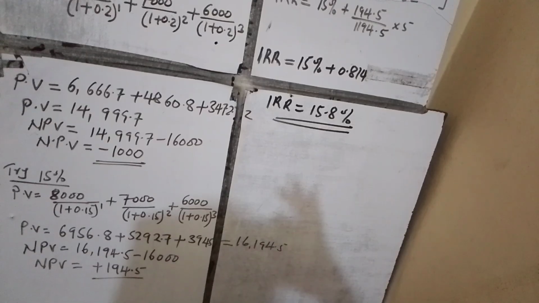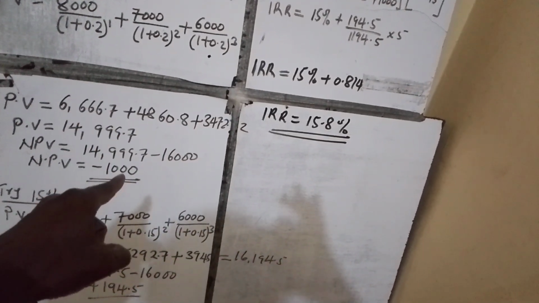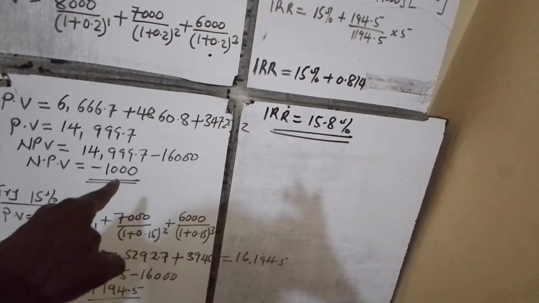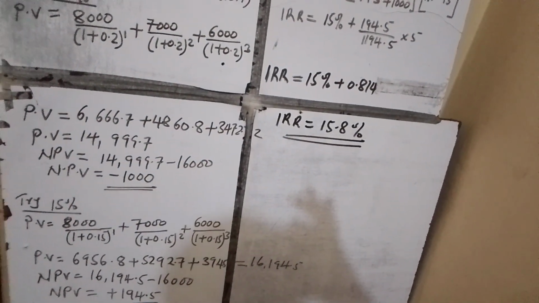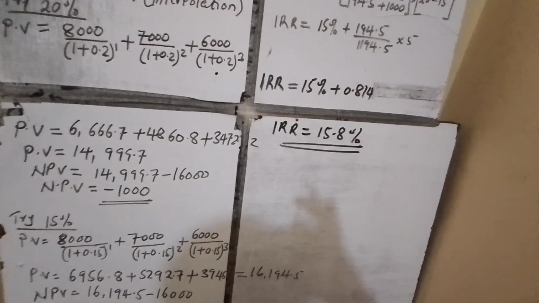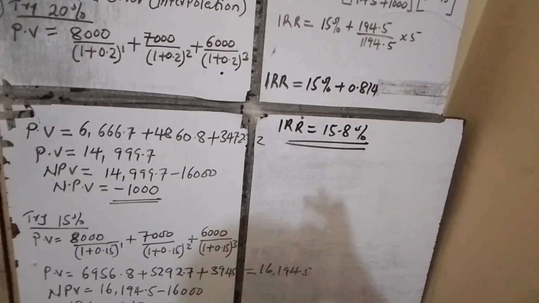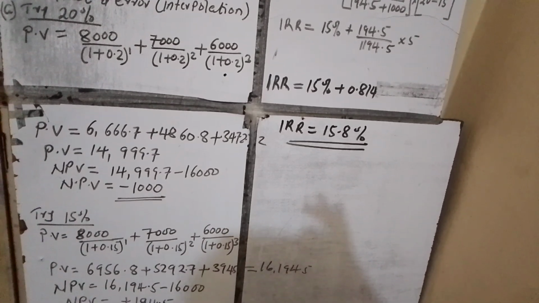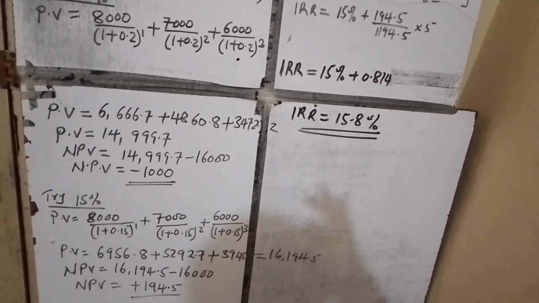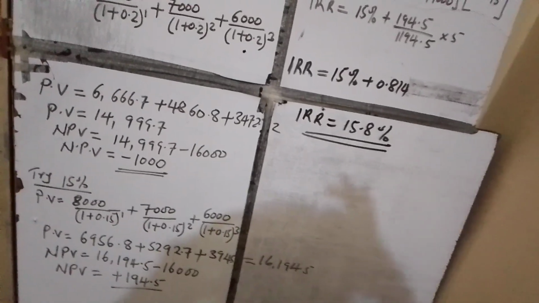So if I take 20%, it gives me an NPV of negative 1,000. I should take another rate which should give me a positive NPV. So I try 15%.